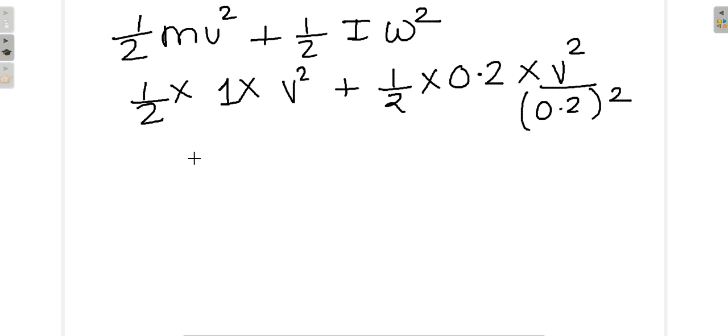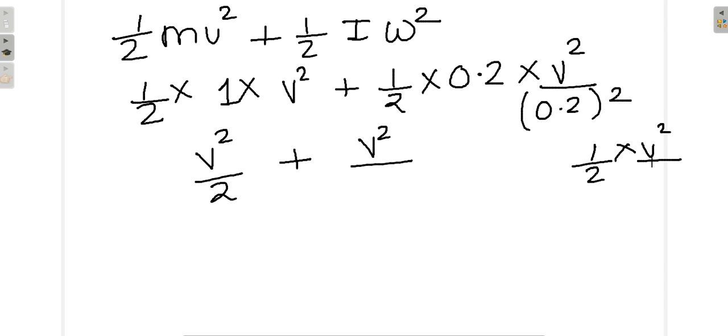So this gives me v square upon 2 plus, please calculate this, half into 0.2, so 0.4. 0.4 is 4 by 10, that is 2 by 5, so 5 by 2 v square. 5 by 2 plus 1 by 2, 6 by 2, that is 3v square.